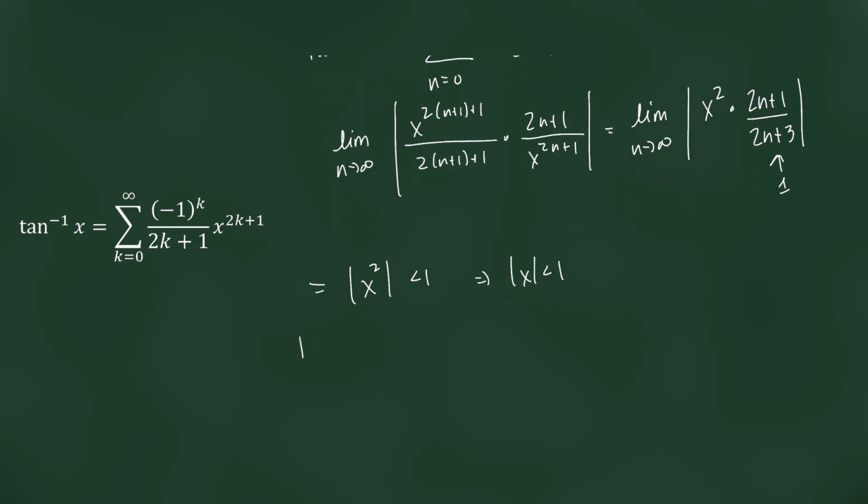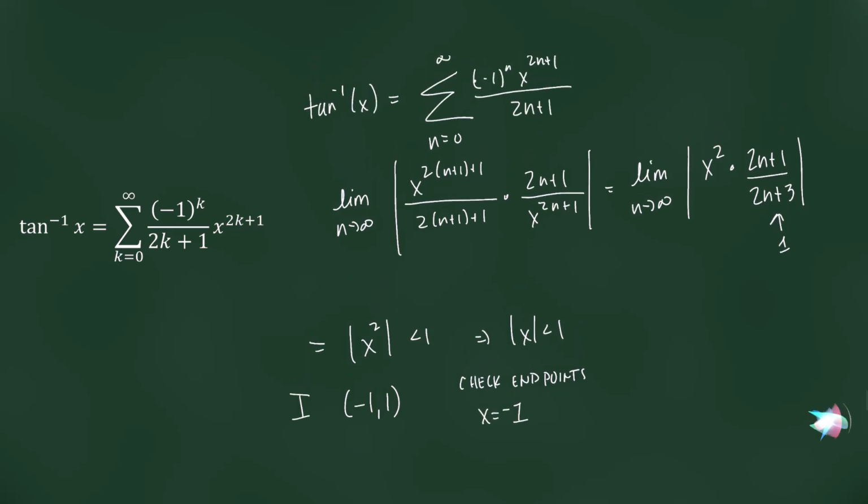So for sure, our interval has to be -1 to 1, like it was for our original series. Now let's look at our endpoints. If we plug x equals -1 into our series, we get the sum from n equals 0 to infinity of (-1)^n times (-1)^(2n+1) all over 2n+1.